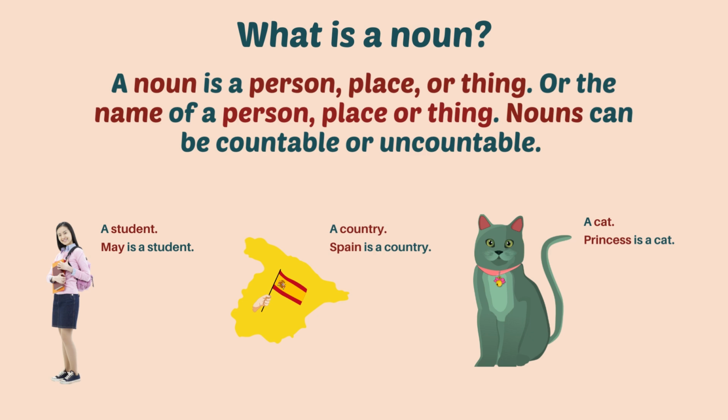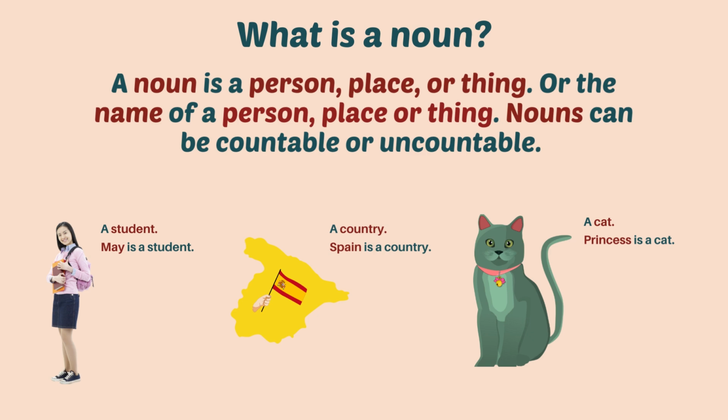A country is a noun. Spain is a country. Spain is the name of a country. It is also a noun. So nouns can be things or they can be names of things.